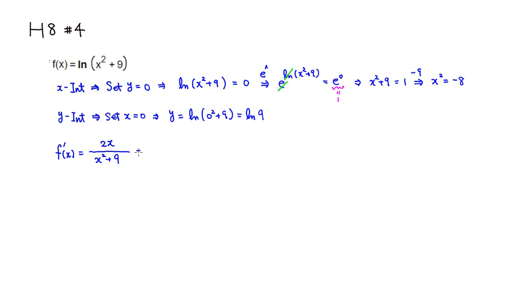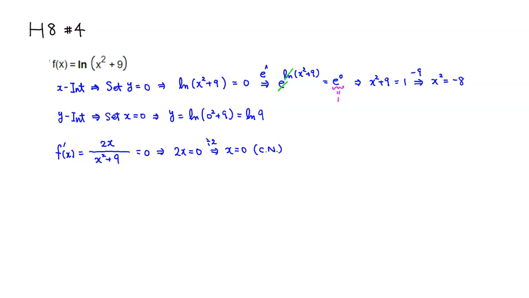I'm going to set that equal to 0 to find the critical value. We need to make the numerator equal to 0, so we can divide through by 2 to get x equals 0. So 0 is a critical number.